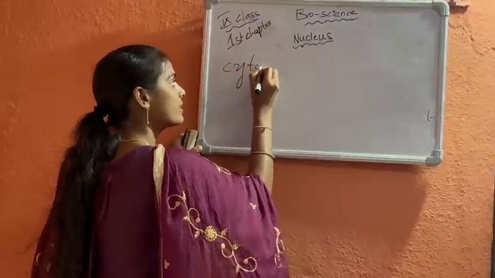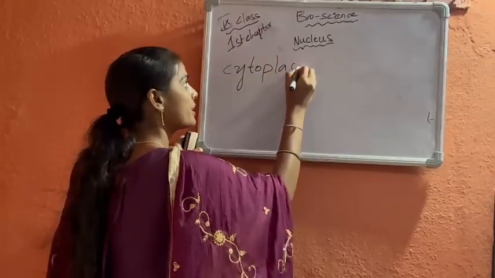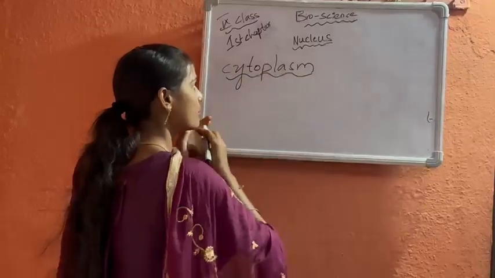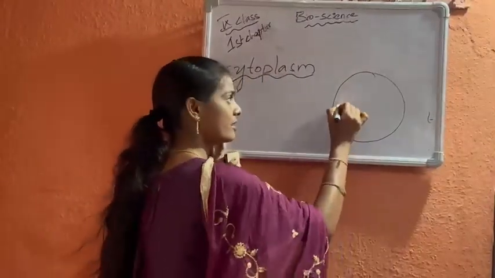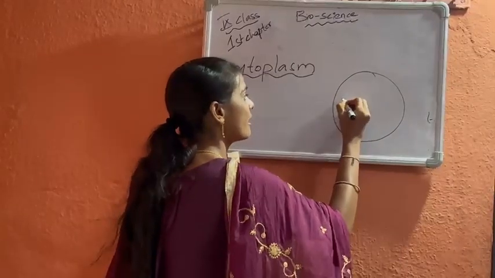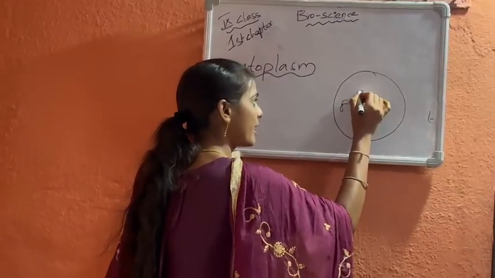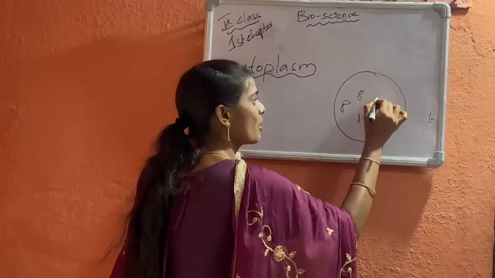Next one is cytoplasm. We learned about nucleus, now we have to learn about cytoplasm. This is a cell. In this many organelles are present like chloroplast, mitochondria, ribosomes, nucleus.